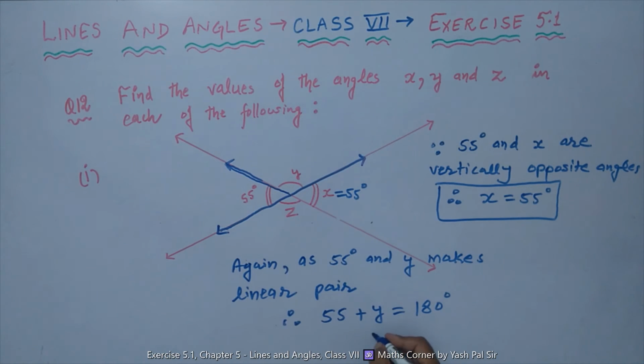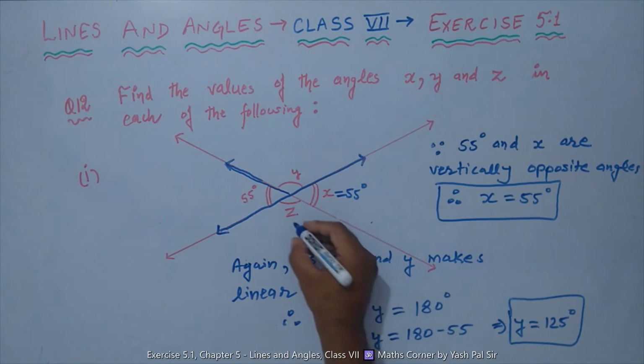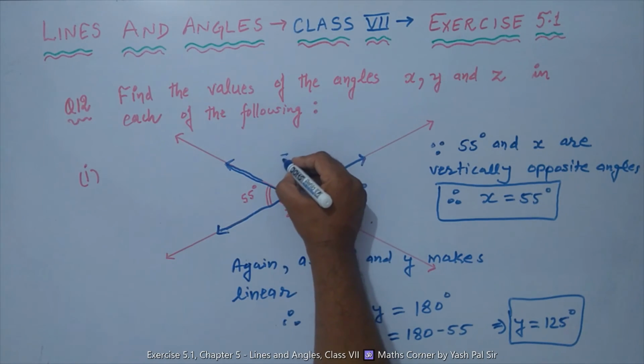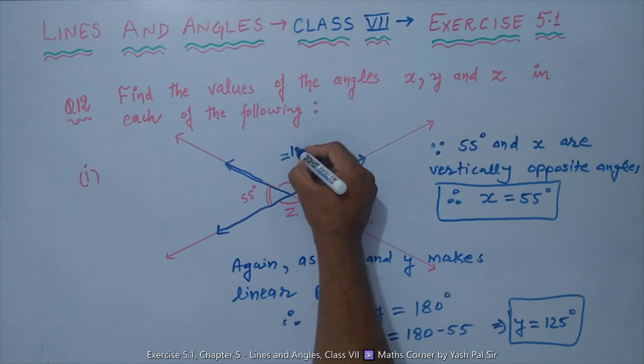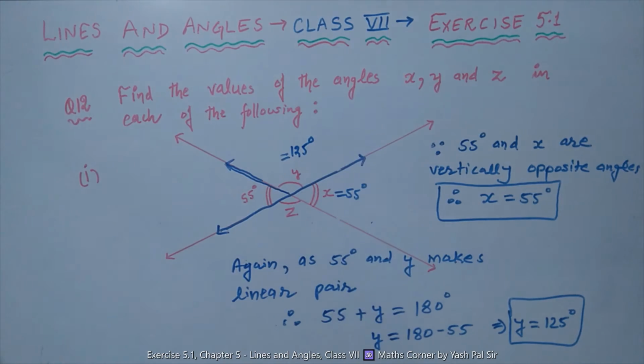So from here y is equal to 180 minus 55, which gives y is equal to 125 degree. So we have found the value of y. Y is equal to 125 degree.